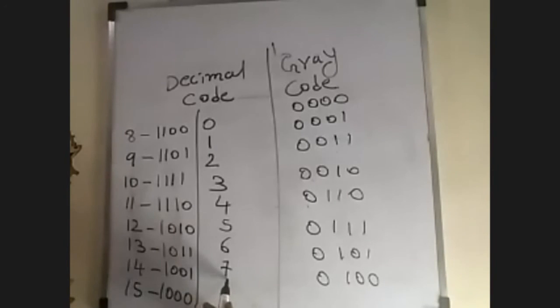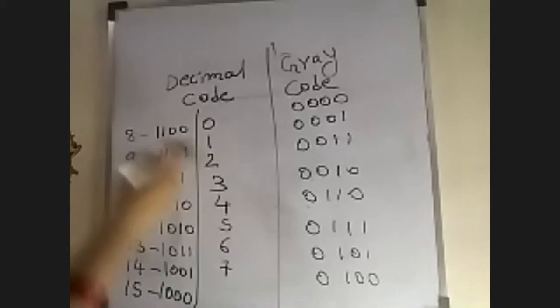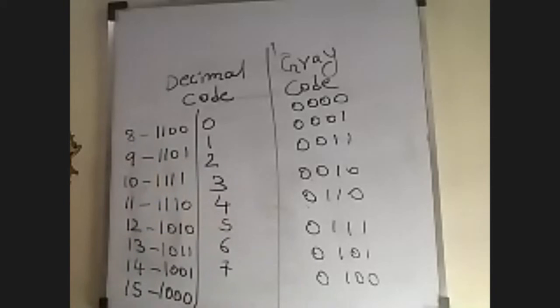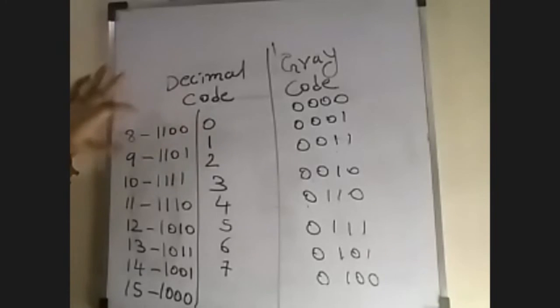This is the 7 value, right? So 7's mirror image is nothing but 8. So here instead of 0 it can place 1, right? Mirror image, mirror image. So 7 is reflective. So 7 6 5 4 3 2 1 0. Here these values are 8 9 10 11 12 13 14.